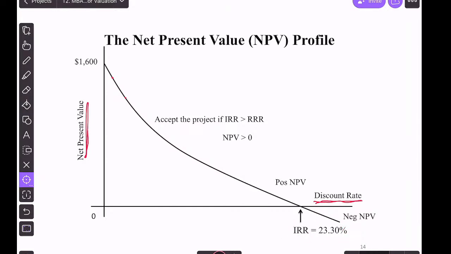You should always accept projects as long as the internal rate of return exceeds the required rate of return, because it's here that NPV is positive. Otherwise, this line is going to be negative down here. Okay, so you reject projects that are down here.